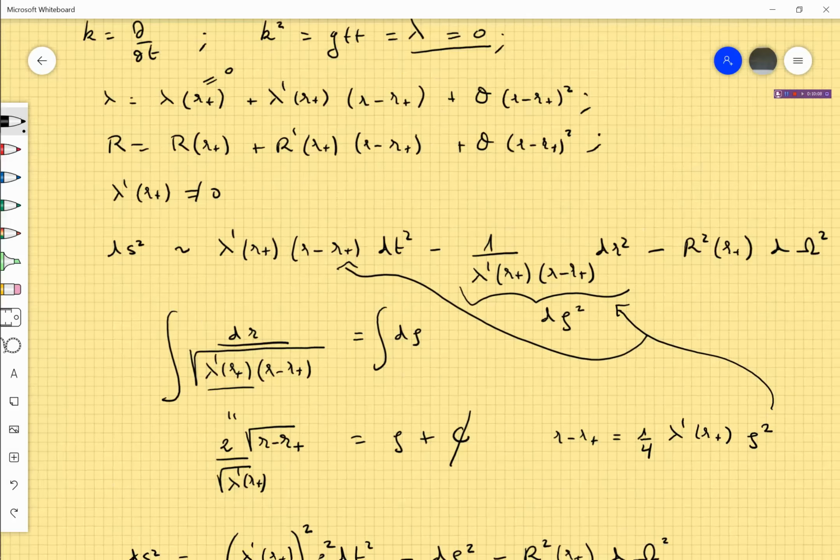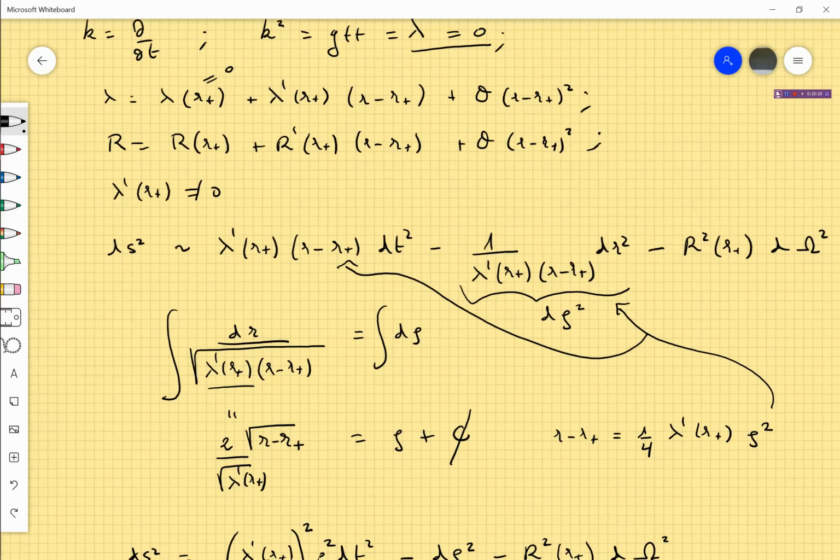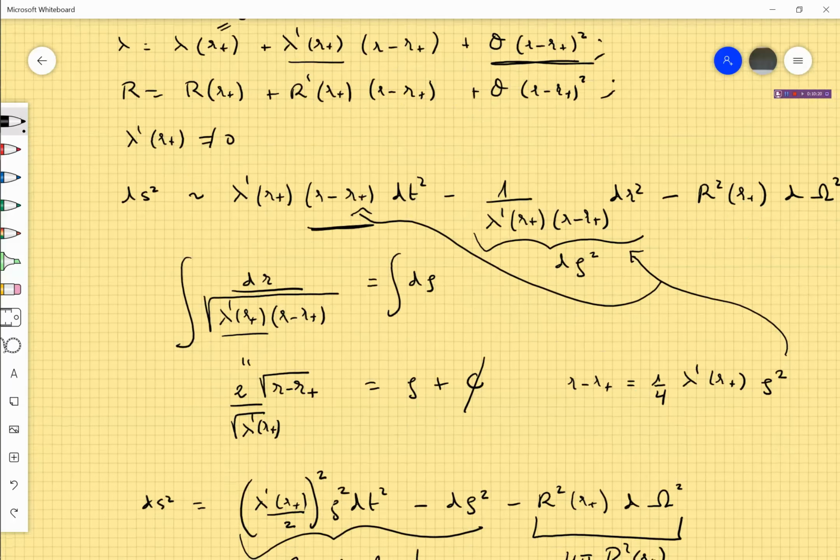So the zero that you get should be of order 2, not of order 1 as here. In other words, lambda prime should also be 0, and then you would have to take a term of second order in r minus r plus.